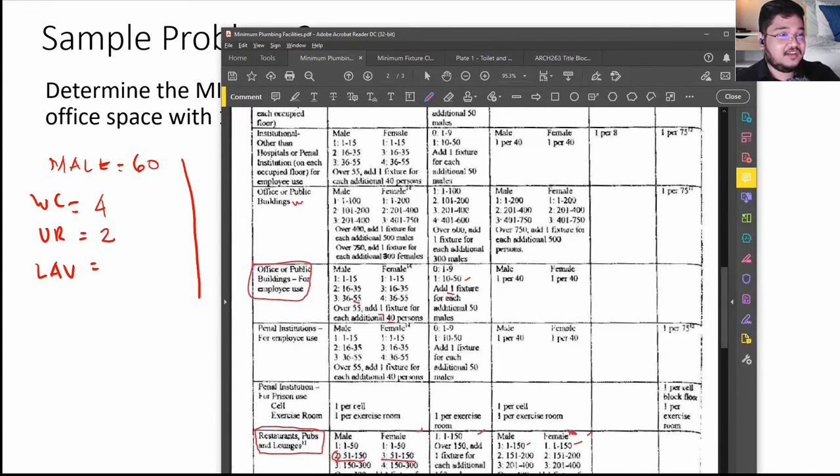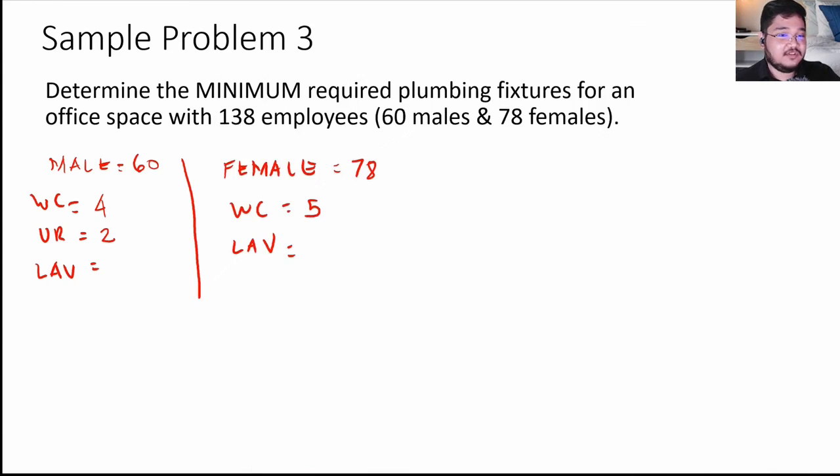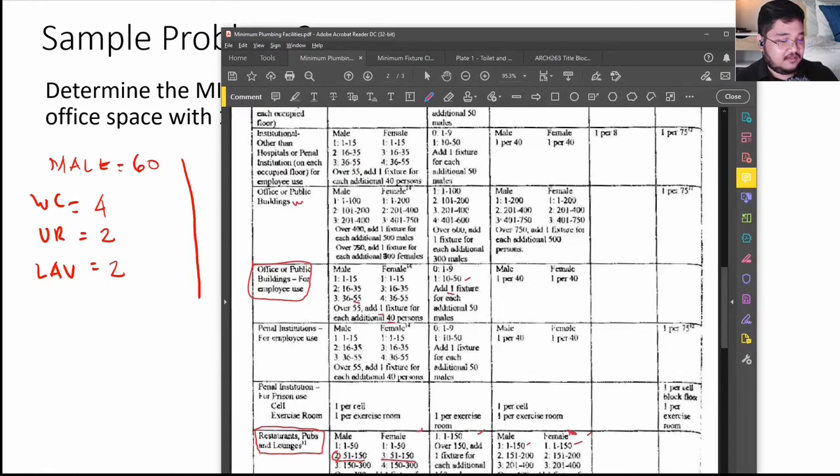So for 60 males, you would need 2 lavatories. Same case with females. 78 divided by 40 is 1.95 lavatories, but again, there's no 0.95 lavatory. So we need to round it up to the nearest whole number.